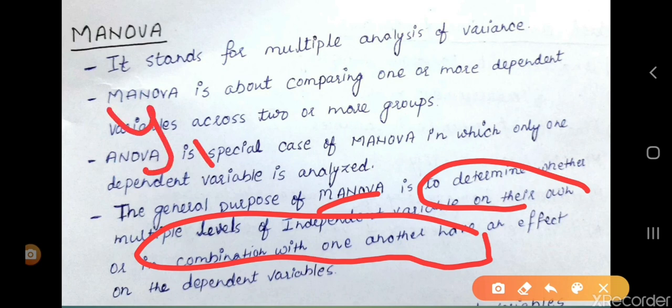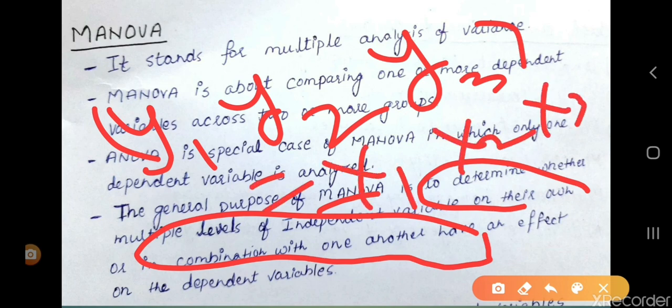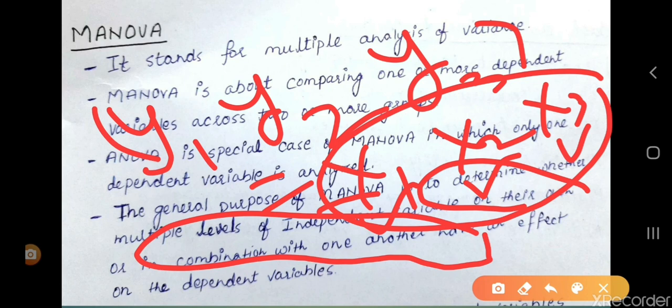Suppose we have y1, y2, y3, which are three dependent variables, and x1, x2, x3 are three independent variables. So we want to know if these independent variables have any effect on their own or in combination on these dependent variables. Clear?